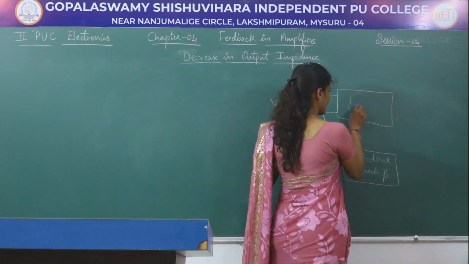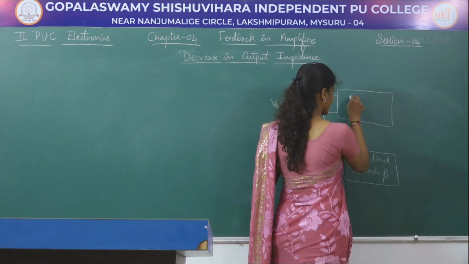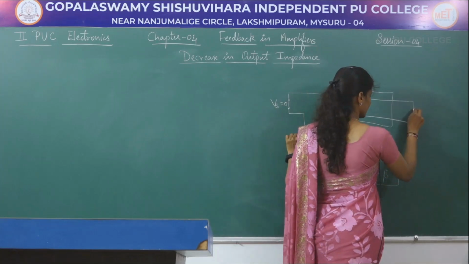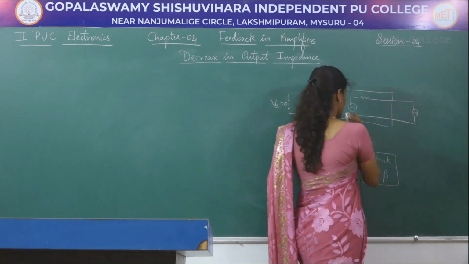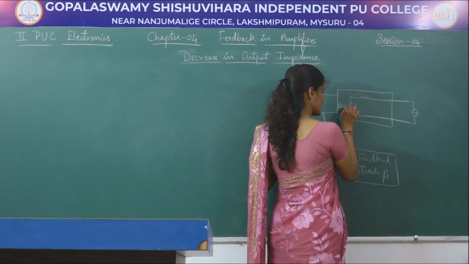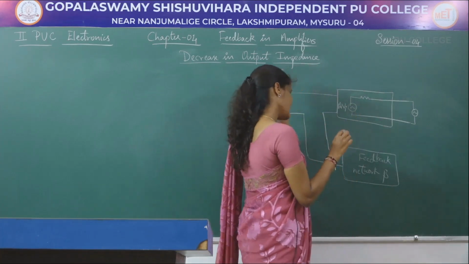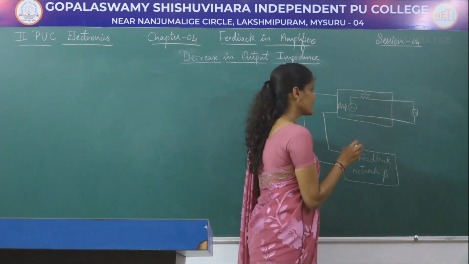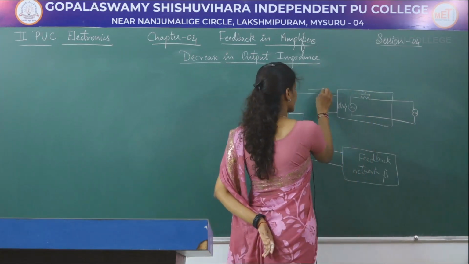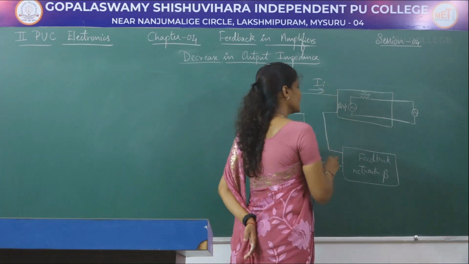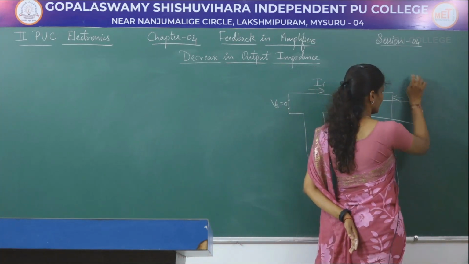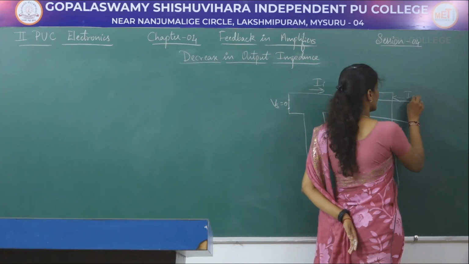Within the basic amplifier block, we will have a circuit like this. This is the dependent source with a value of A into Vi, and this is Z0, the output impedance. The current flowing into the circuit is Ii, and the current flowing out is I0.